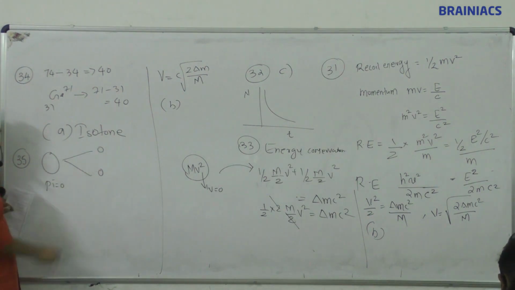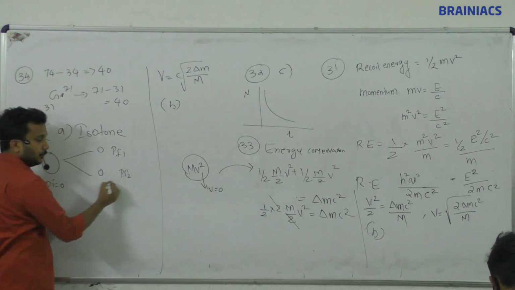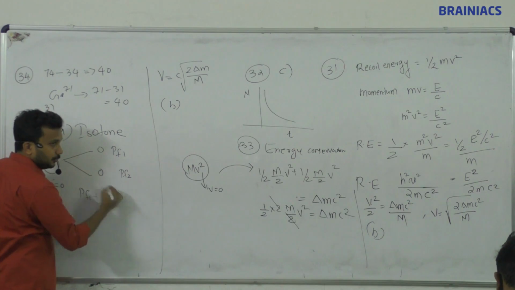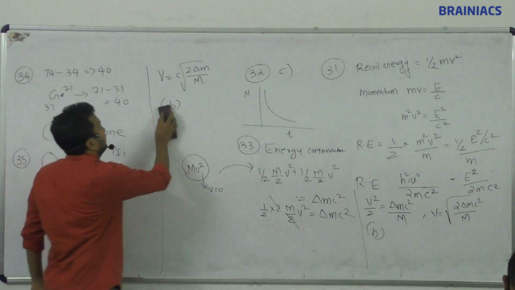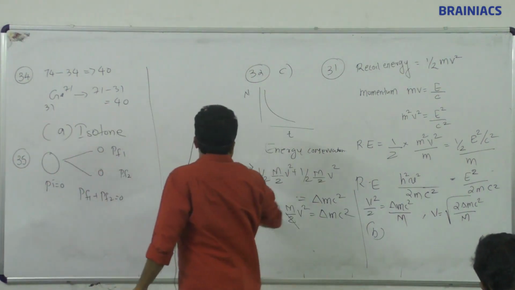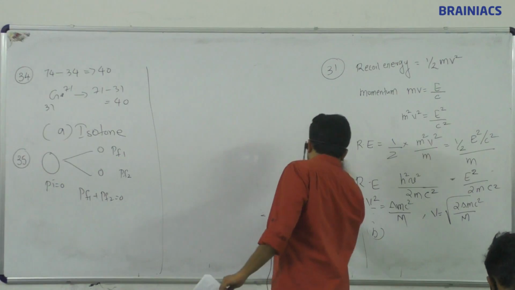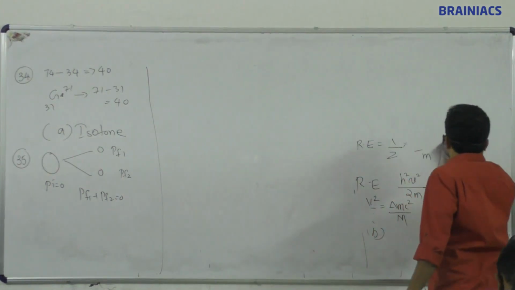Final momentum has two things: final momentum of 1 and final momentum of 2. Final momentum of 1 plus final momentum of 2 is equal to 0. Then from there we have to start. The velocity ratios are given. We need to find out the radius.